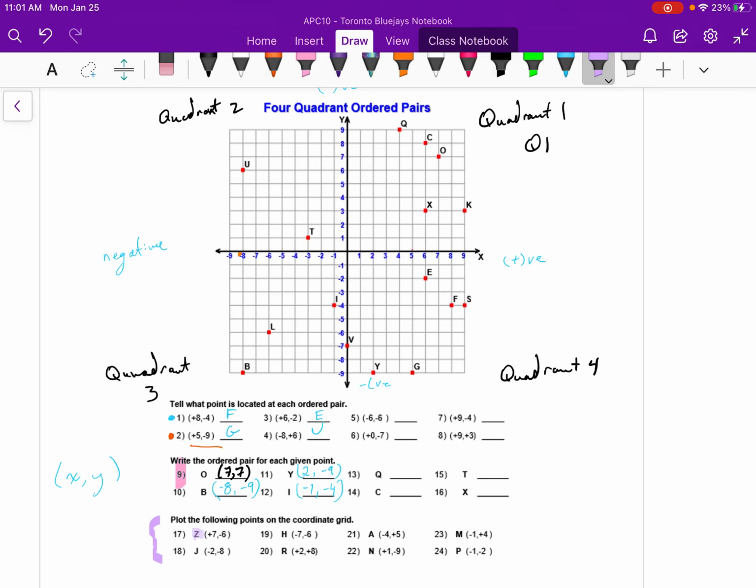And the first one I'm going to tackle is Z. I need to draw (7, -6). 7, negative 6 is, well, first off, 7, where x is 7 along this line, negative 6 along this line. So that intersection point is going to be right there. This is what I would call Z.